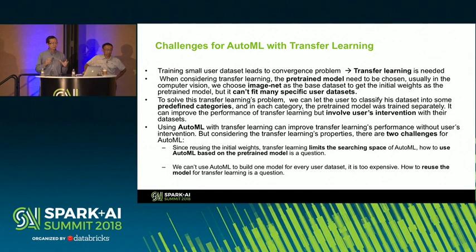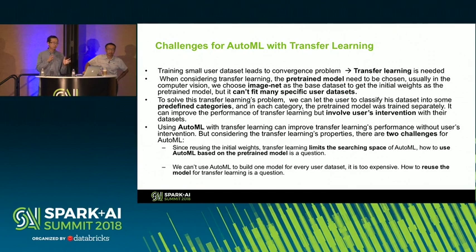When we consider transfer learning, the pre-trained model needs to be trained. In the CV domain, we choose ImageNet as the basic data set to get the initial weights as the pre-trained model. But from our experience, it cannot fit many specific user data sets.